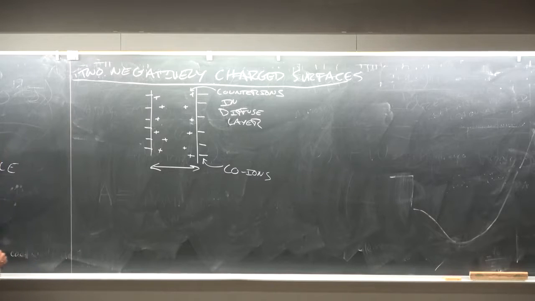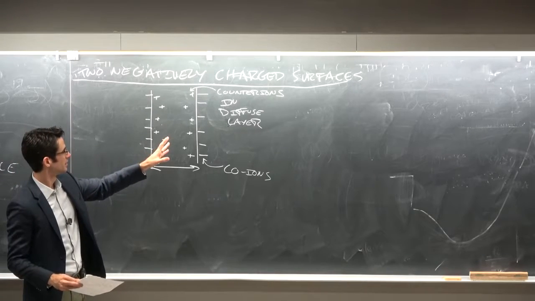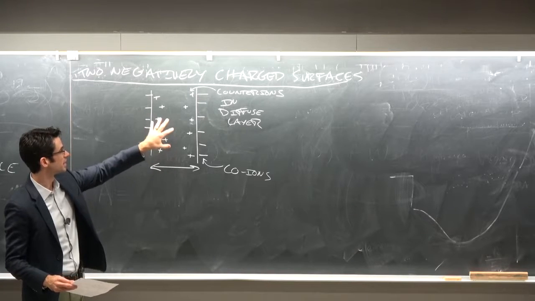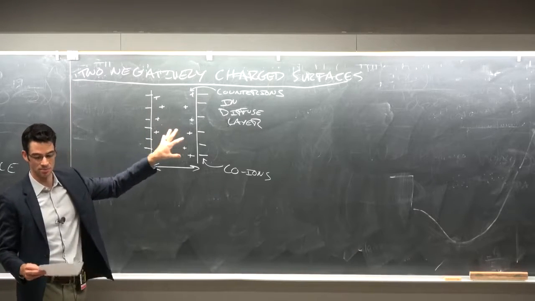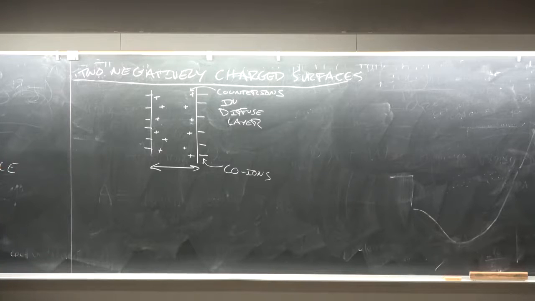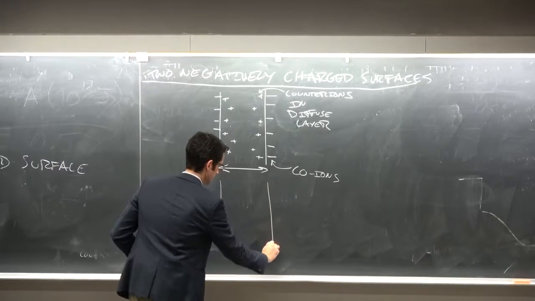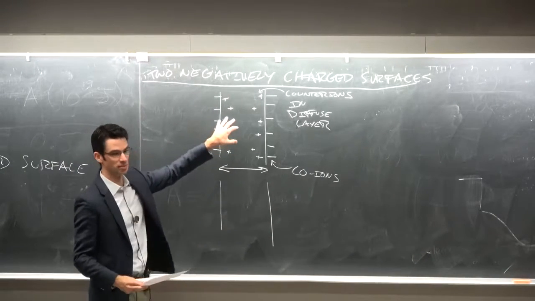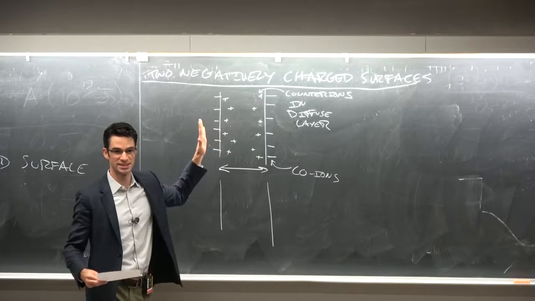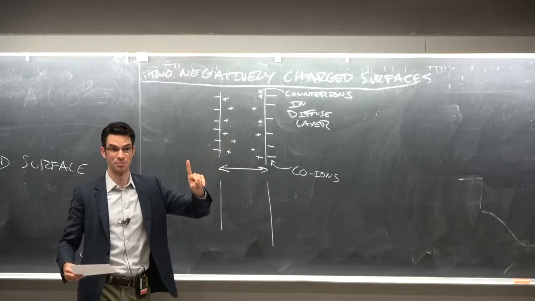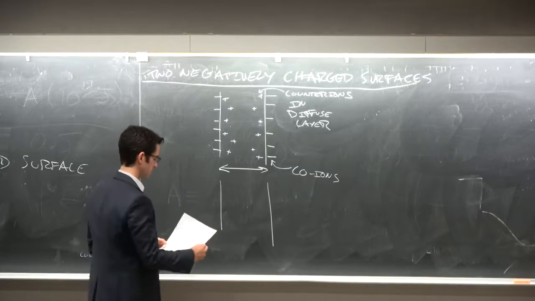Why are they diffuse? Well, they're associated. The ions are diffuse because there's some entropy. Just because it's better to be a little bit diffuse than to be completely stuck up against the wall with only one microstate available, which is very bad.